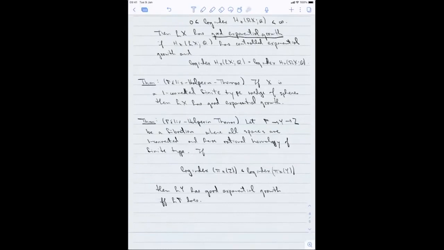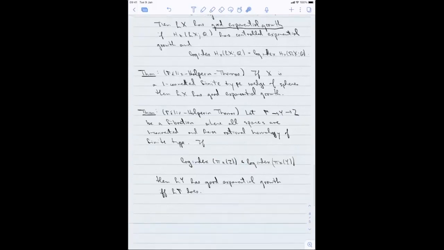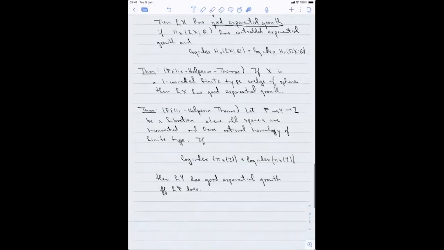Right, so given some sort of comparison between the base and the total space in this fibration, given by their log indexes, if you have an inequality like this, then the fiber and the total space have exponential growth that's very well behaved, simultaneously.